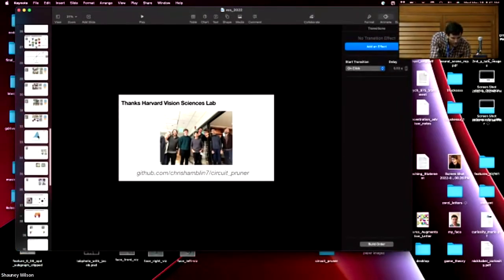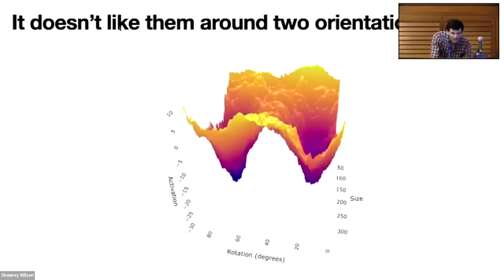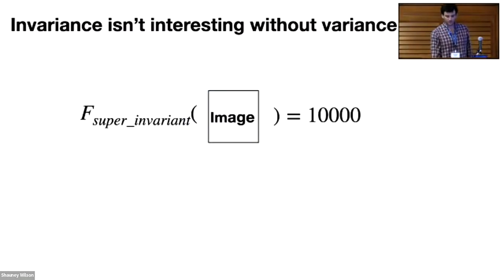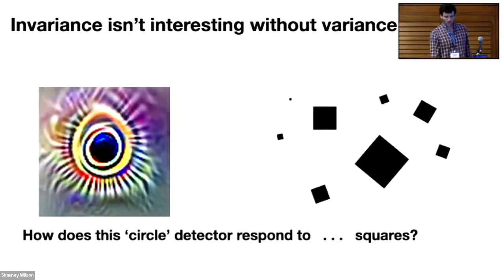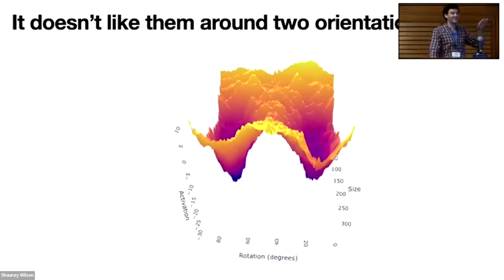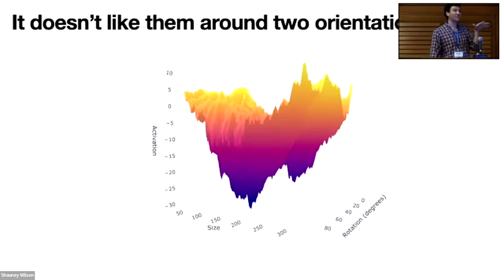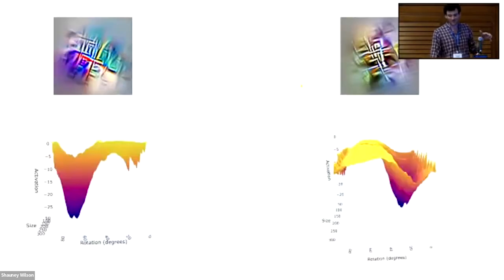For example, looking at that circle detector, you can do the same thing for the images it doesn't like. So this doesn't like squares, but at two particular orientations. And you can actually do the same thing. You can extract the relevant sub-inhibitory networks, for example.